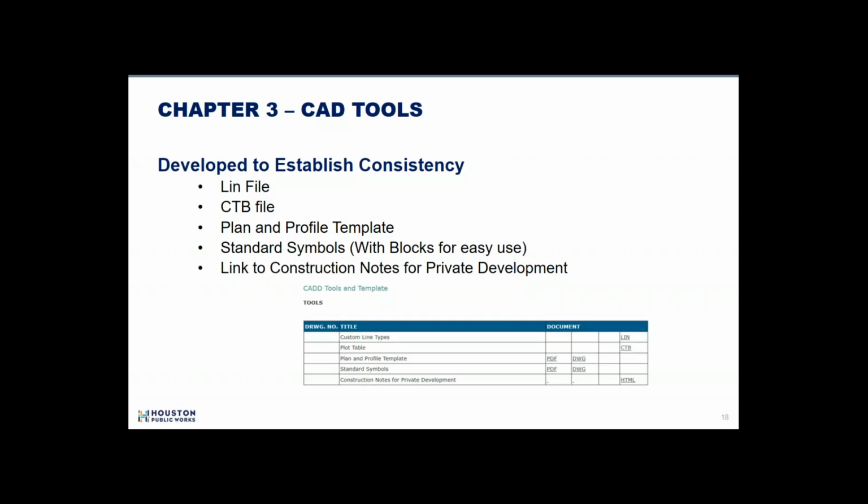There's also a CTB file that's been provided for plotting consistency, a plan and profile template, a standard symbol sheet that is a sheet to be included in the plan set, but it's also a DGM that's out there that has the blocks that you can just pull off and use in your plan and profiles as you develop them to kind of save time and energy and create these things.